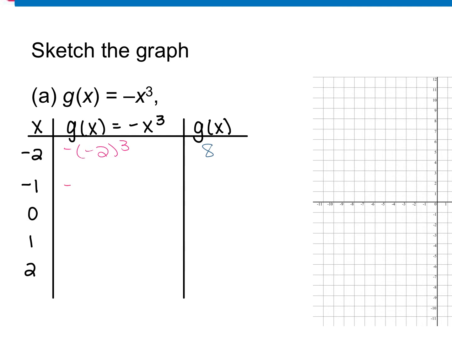Then for the -1, that's the opposite of -1 cubed. -1 cubed is -1 times -1 times -1, which is -1, so the opposite is +1. Then for 0, the opposite of 0 cubed, that's just going to be 0, because 0 to any power is 0. Then for 1, we have the opposite of 1 cubed, so that's -1.